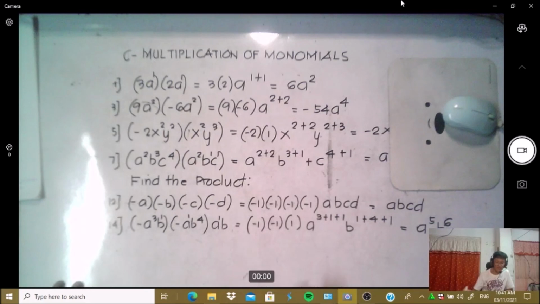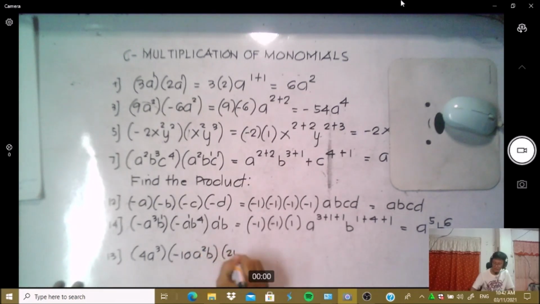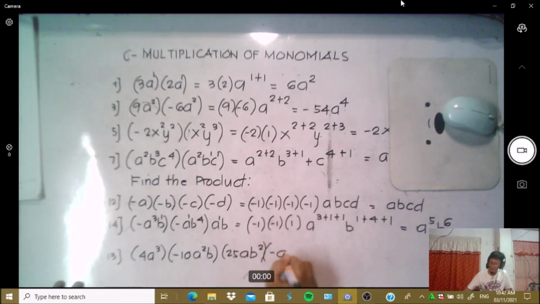Okay, so let's go back to number 13. I forgot number 13. We have 4a cubed, negative 10 a squared b, then 25 ab squared, then negative ab to the 4th.